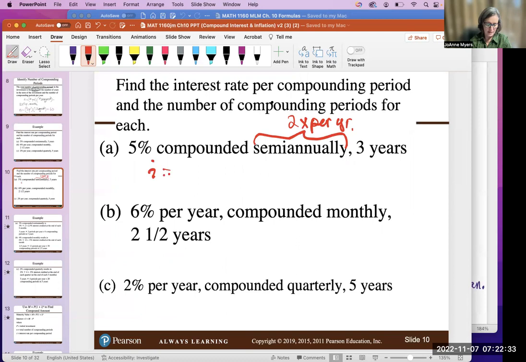So my interest rate is 0.05 divided by 2, which is 0.025. And my N is 3 years times 2 periods per year. So my N will be 10 periods.